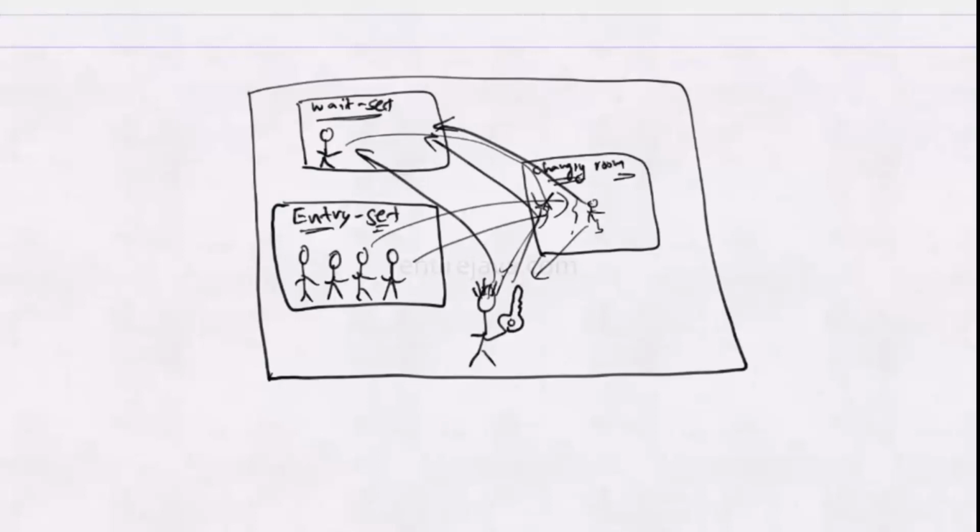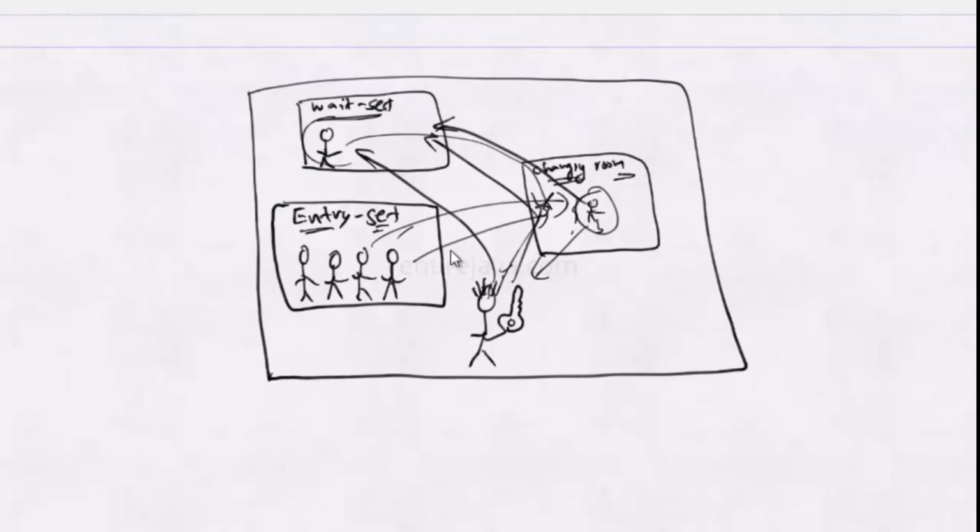So we've talked about two major things here. One is this person, when he was here in the changing room, he said, I want to wait in the waiting set. And the next person who has just entered is going to notify this person once he is done with the activity. Now keep this entire scenario in mind.